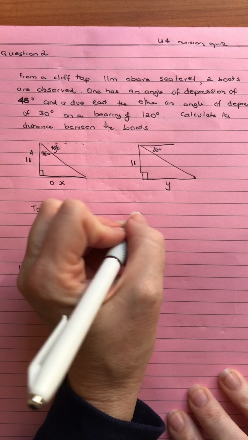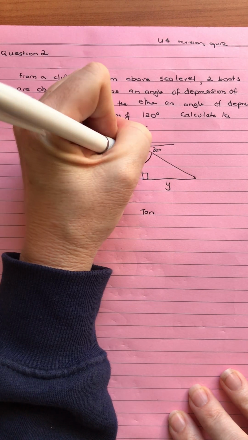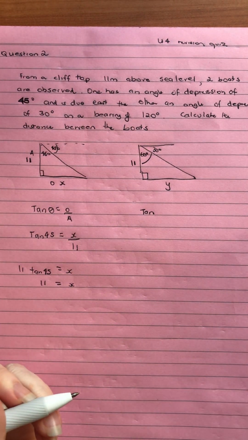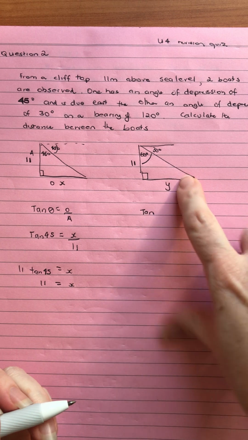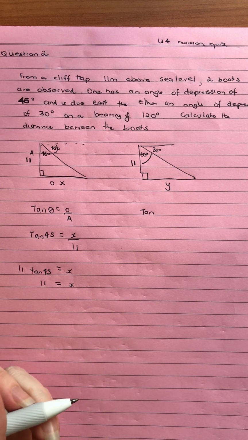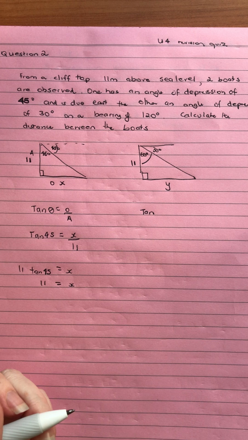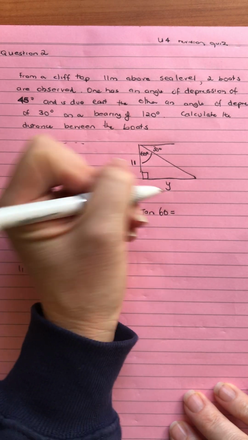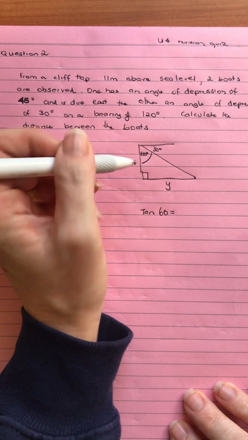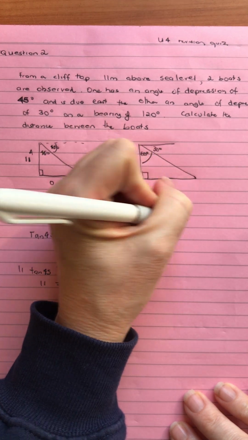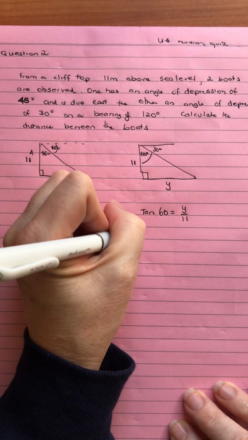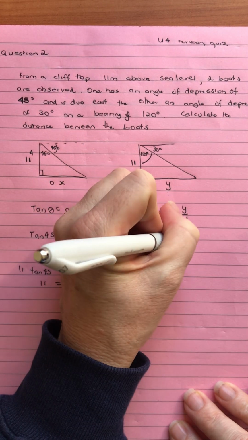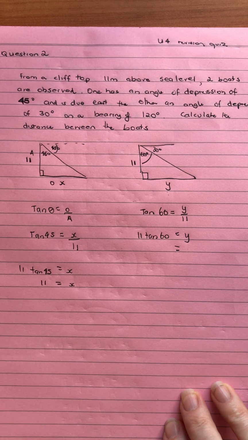And then doing our second one, in this case we're bringing our 60 degrees there. Some people will like to use the Z rule and bring the degrees down there. That's also fine, it'll just change the order that you put the values into your tan ratio. So we've got tan of 60 is going to equal, and the opposite is y over 11. So then we bring that 11 over, so 11 tan 60 equals y, and we will work that out on our calculator, or if it was tech free we could have used our exact triangles.